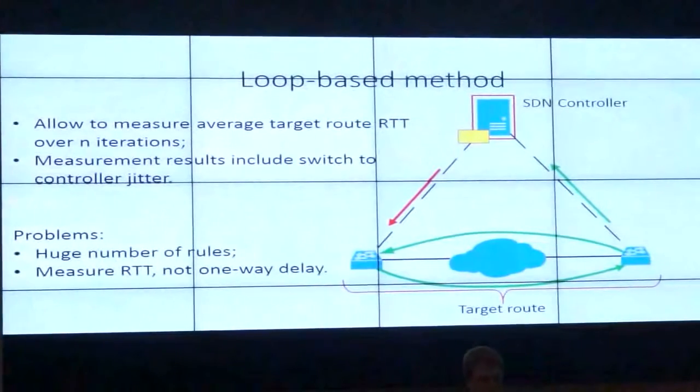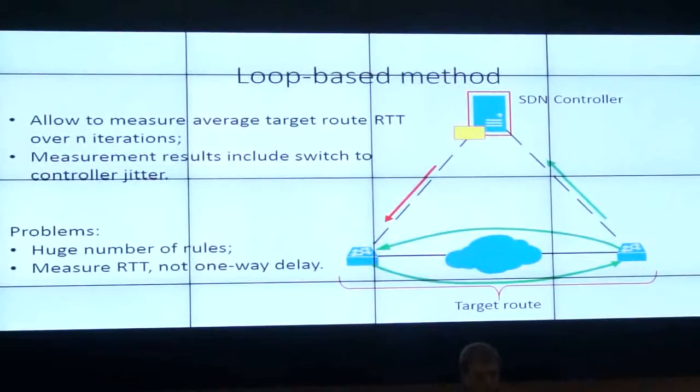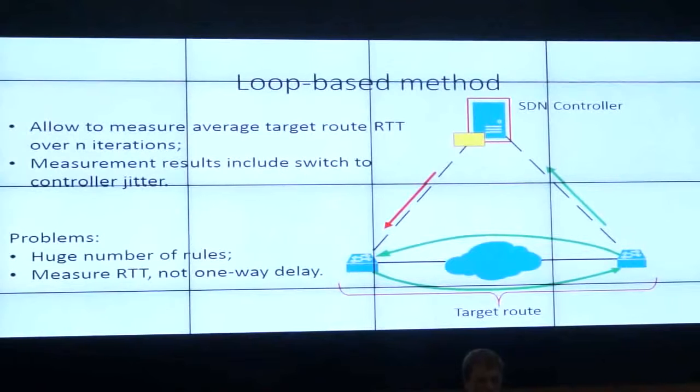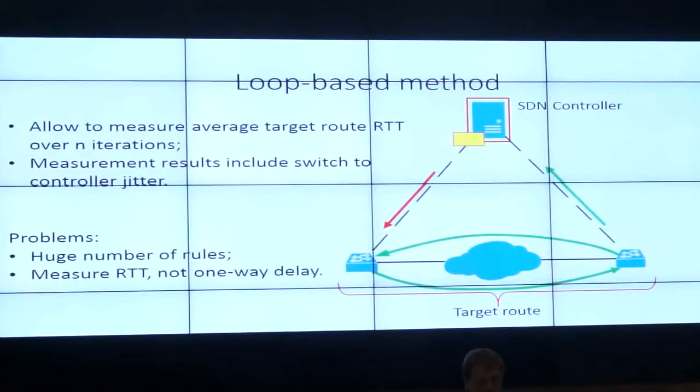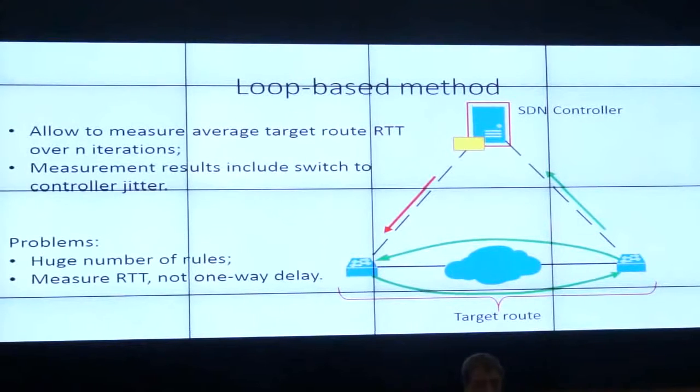After some iterations, say n iterations, the first switch of the road will send to the controller a copy of the packet as a pulse message. The interval between two consecutive pulse messages provides a good estimation of the round-trip time for the target road. And although this measured value doesn't include the delay between controller and switch, it includes only the jitter between controller and switch.